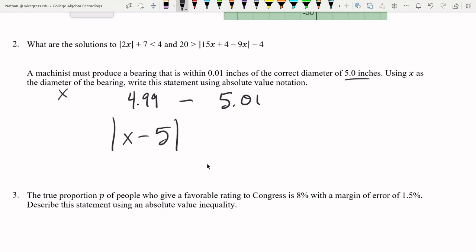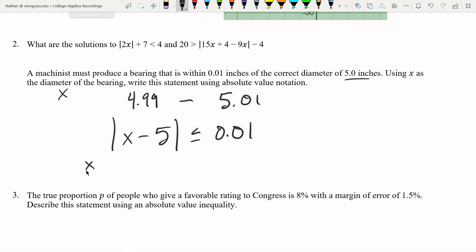This is saying the distance between the correct diameter, 5 inches, and the actual diameter, x inches, is the absolute value of x minus 5, or the absolute value of 5 minus x, it's the same thing. That distance must be less than or equal to this error tolerance. And that's the absolute value inequality that models this scenario.